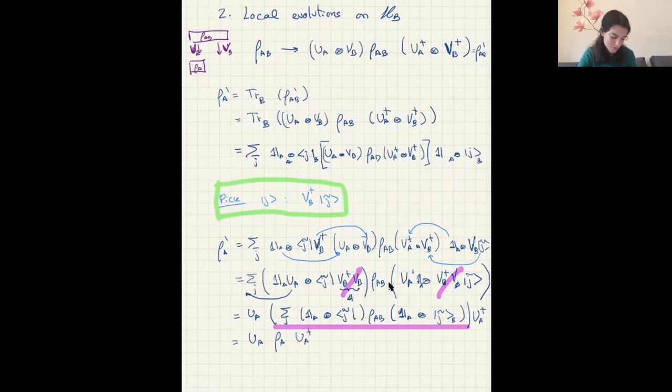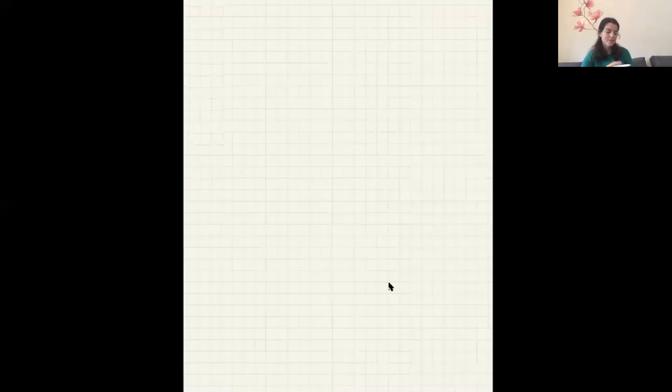So Rho A evolves as this, which means that if you have local evolutions, you can do the following.